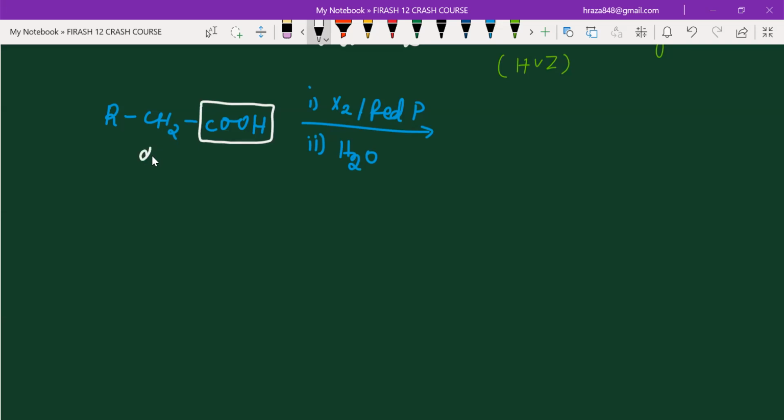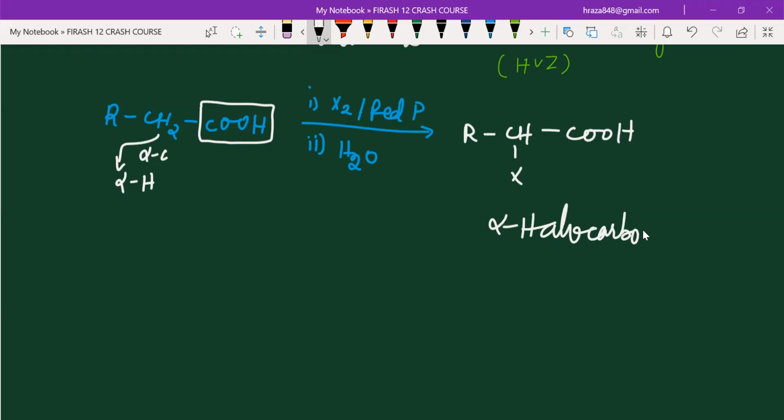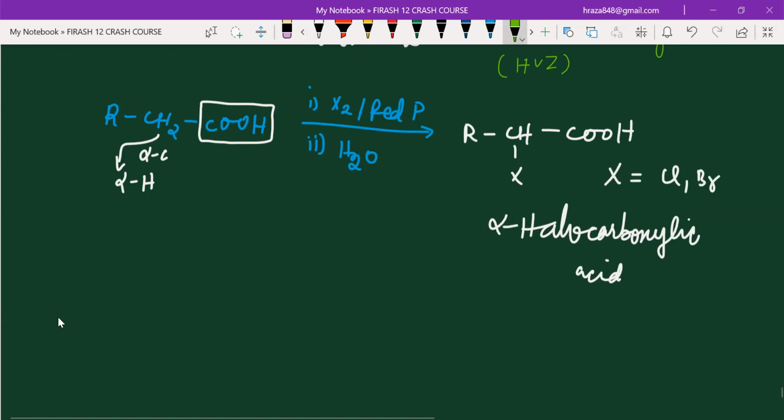So this will be your alpha carbon. It has 2 alpha hydrogens. So what you need to do, only take 1 alpha hydrogen out and replace that with X. Then this will be your alpha halocarboxylic acid. And X will be equal to chlorine or bromine. Please do write.